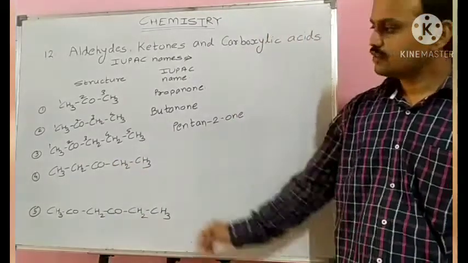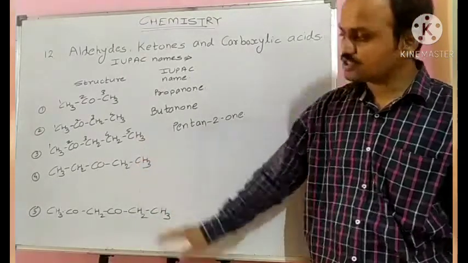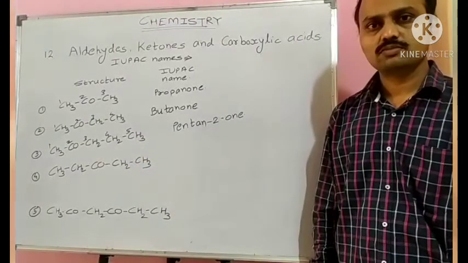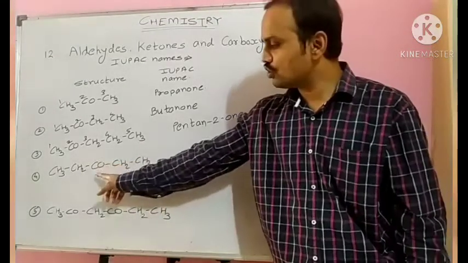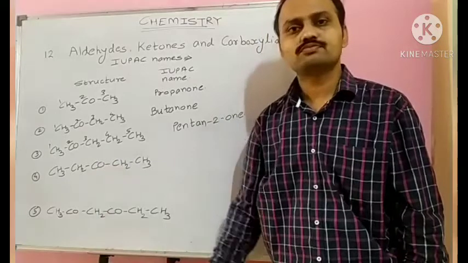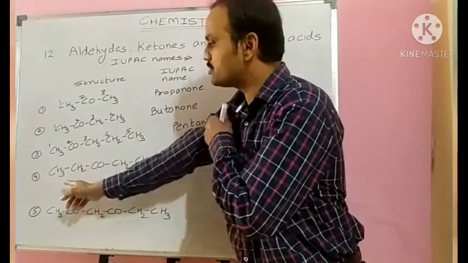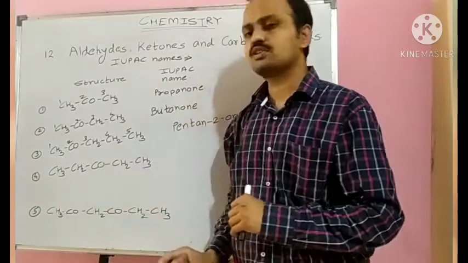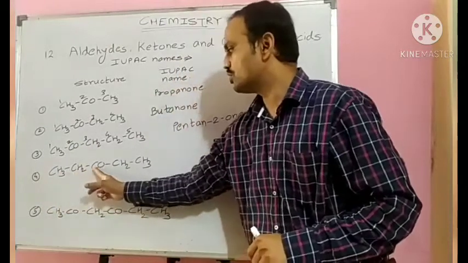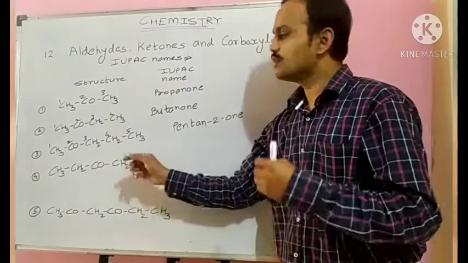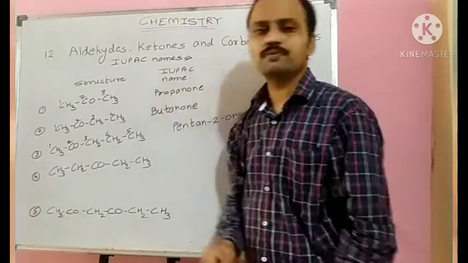Next, fourth structure is quite similar to third structure, and the difference is position of C double bond O carbon. Total carbon atoms in third and fourth structure are 5. If you count 1, 2, 3, 4, 5.